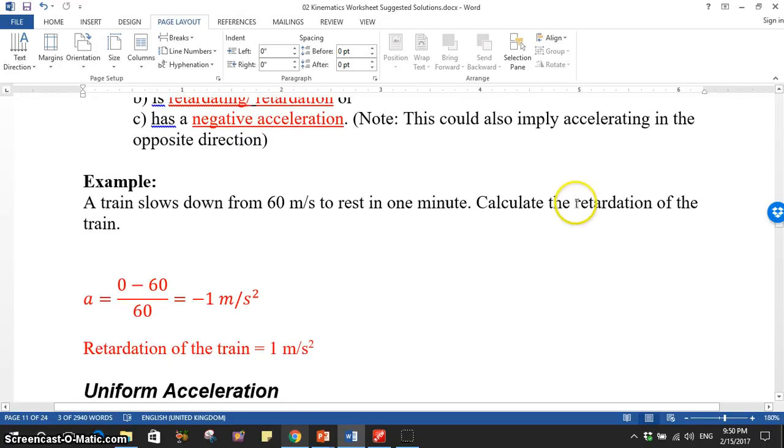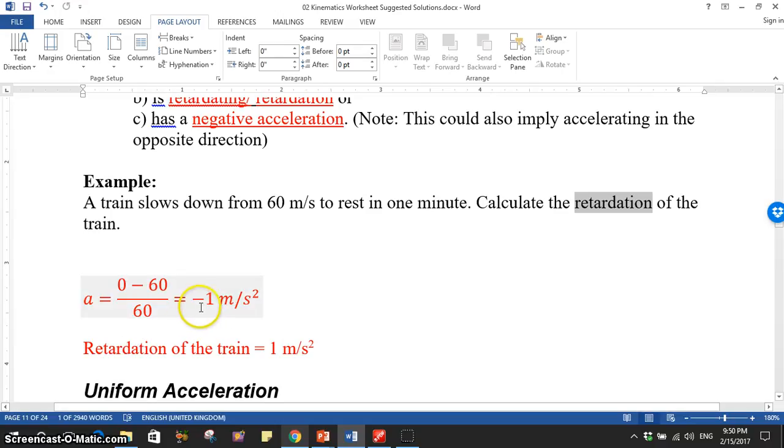Can you see the difference between the question just now and this one? This asks for retardation, whereas the previous question asked for acceleration. If the question asks for retardation, please remember to remove the minus sign for your final answer, because the word retardation or even deceleration already implies negative.